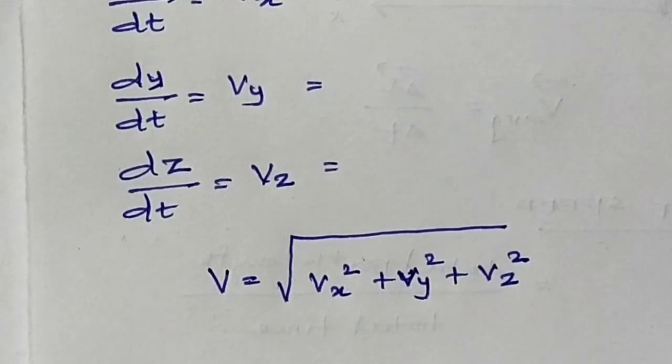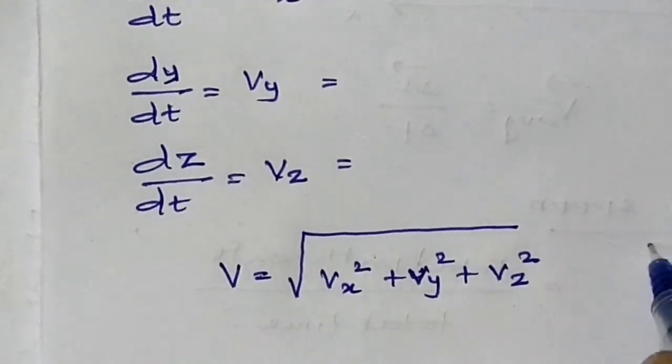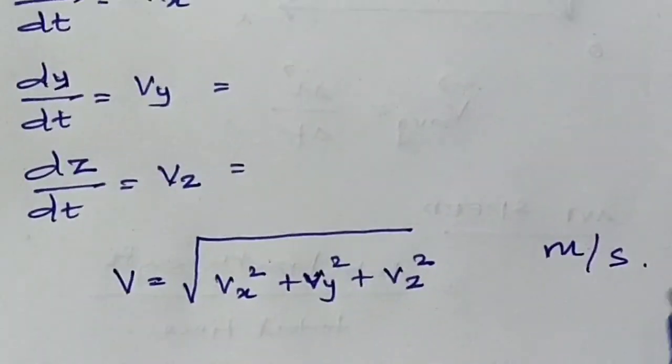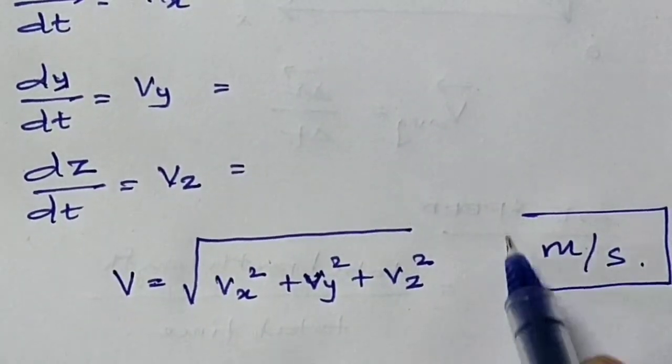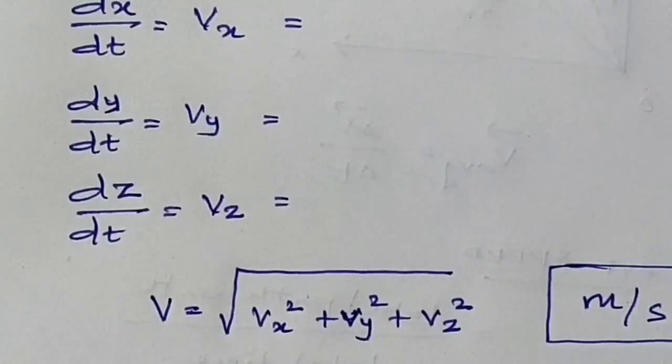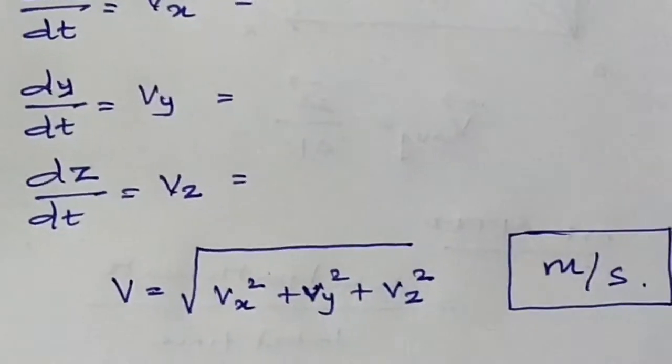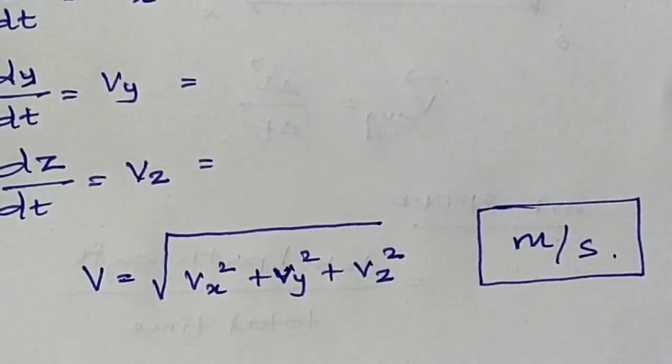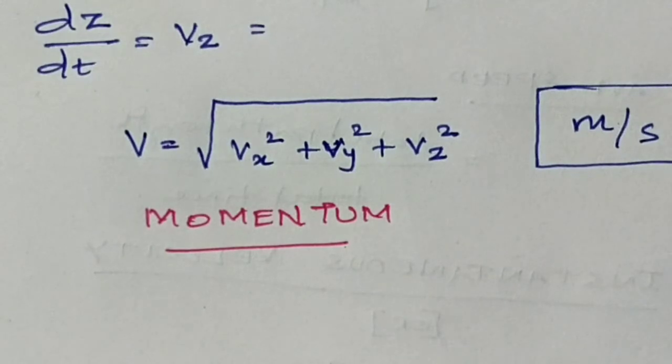The unit is meter per second. Velocity means the rate of change of displacement, that is, of the position vector. Speed is a scalar quantity, but velocity is a vector quantity, and the unit is meter per second.